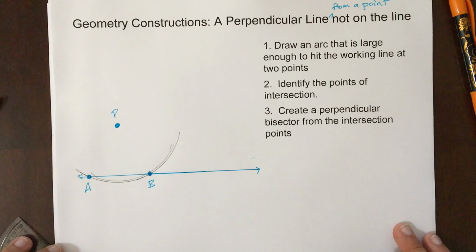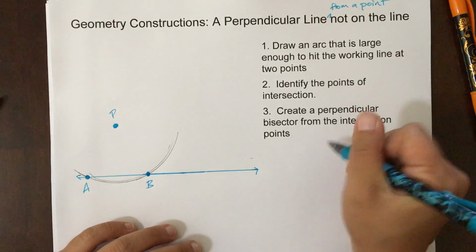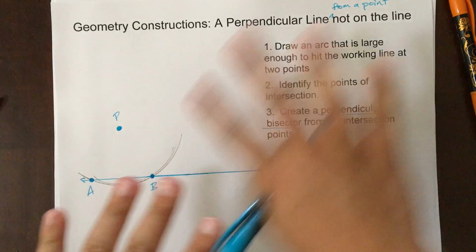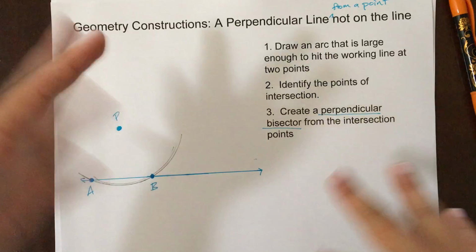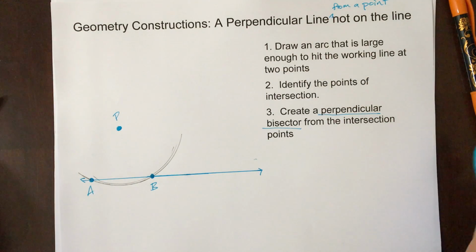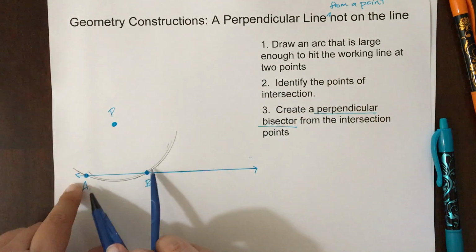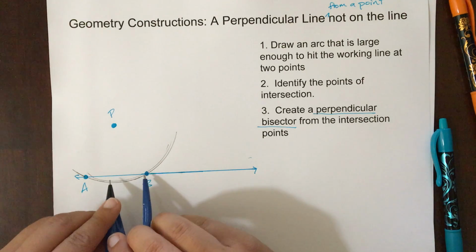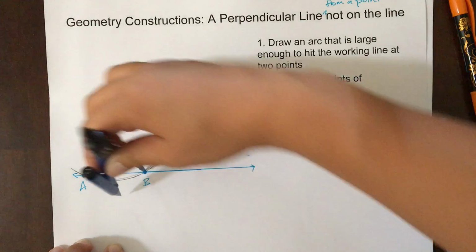Number 3 is create a perpendicular bisector from the intersection points. Well, if you don't know how to find this perpendicular bisector, then somewhere on the screen or in the link below, or in the playlist that this is a part of, there should be a perpendicular bisector video. But the short of it is you need to be able to create an arc that is more than half the length of the segment.